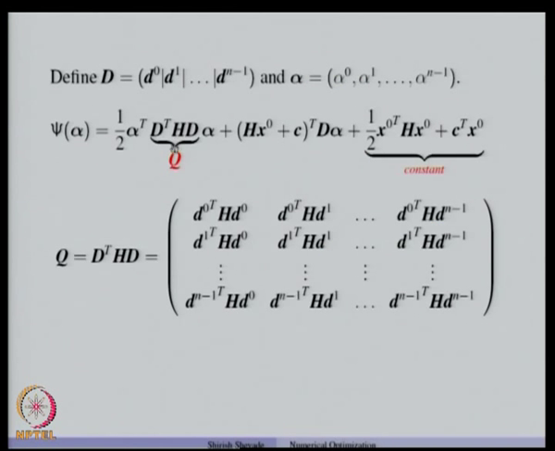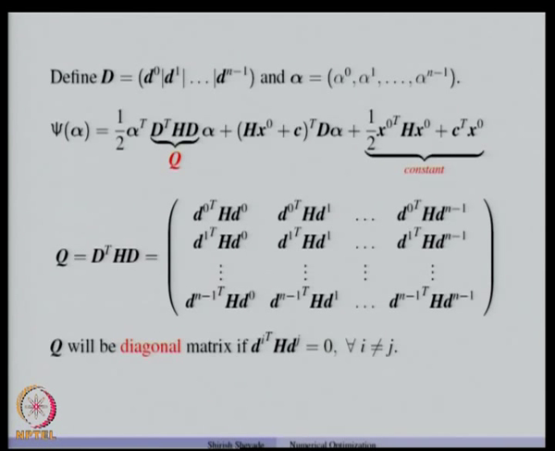Suppose we decide to make this Hessian matrix diagonal. The way to do that is to make all these off diagonal entries in this matrix 0, or in other words, whenever i is not equal to j, make Di transpose H Dj equal to 0. So, this matrix Q will be diagonal if Di transpose H Dj is equal to 0 for all i not equal to j.